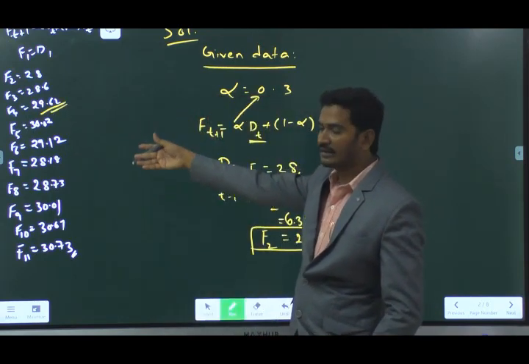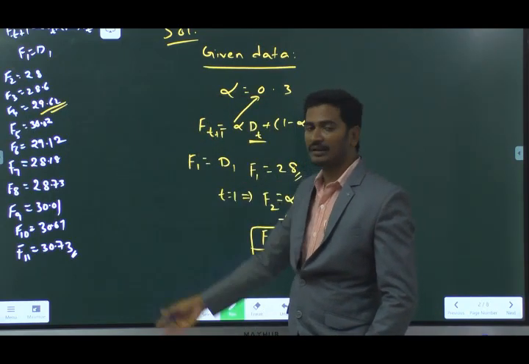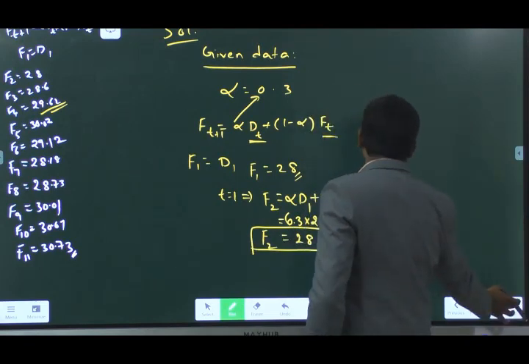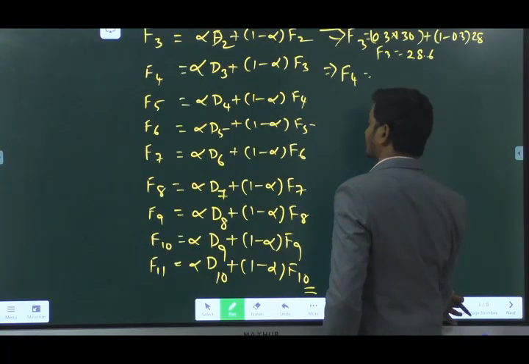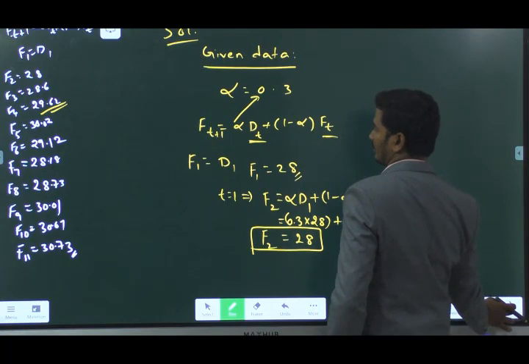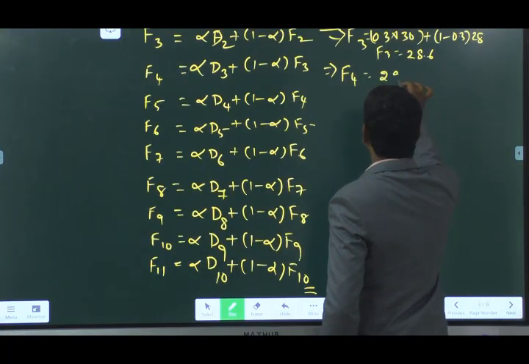I calculated these values previously and wrote them here. F4 is 29.62.